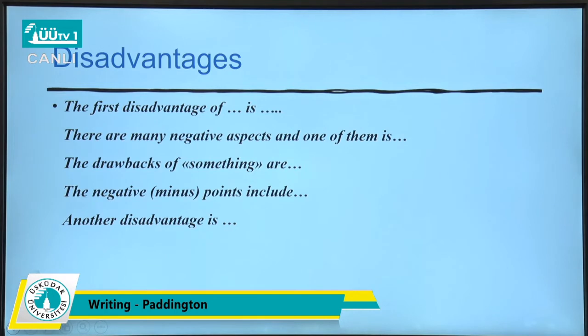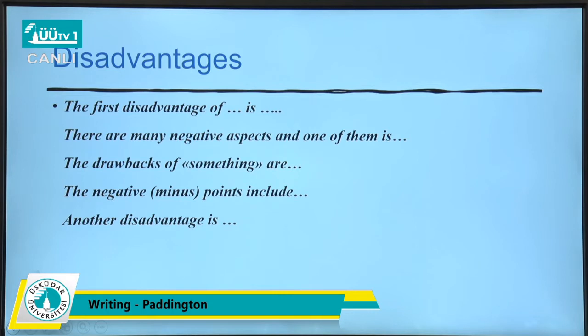So again, I want to remind you here, if you want to choose the second one in body paragraph 2 and body paragraph 3, if you want to write disadvantages, do not use the same expression again and again. Try to use different sentences. For example, in your first body paragraph, you want to talk about disadvantages or negative points, you may use the negative points include 1, 2, so your idea.